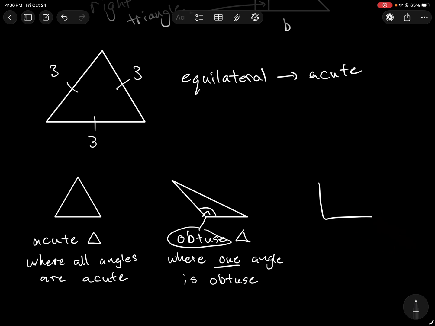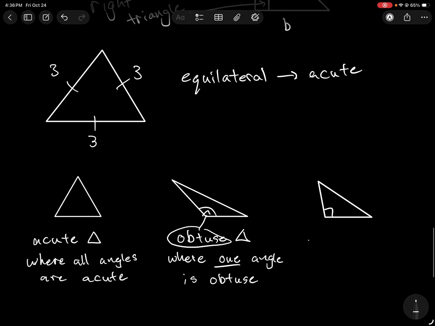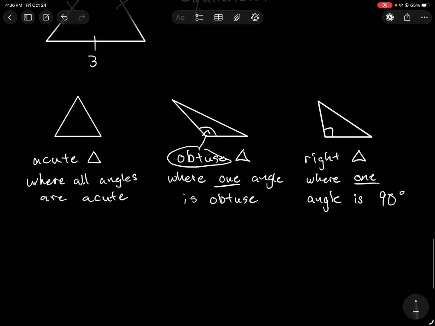And lastly, we have our right triangle, where one angle is 90 degrees.